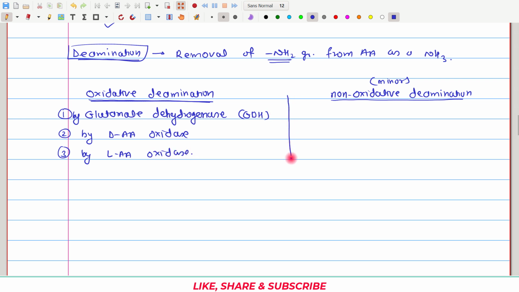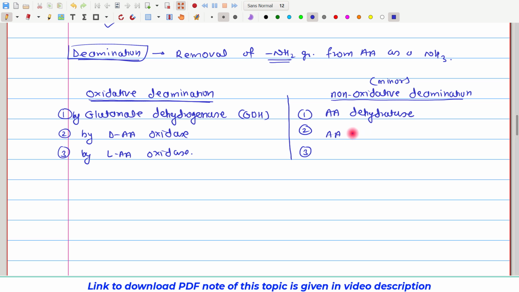If we look at non-oxidative deamination, we have 3 different types of mechanism. One is amino acid dehydratase. The second one is amino acid desulfhydrase, and the third one is histidase.